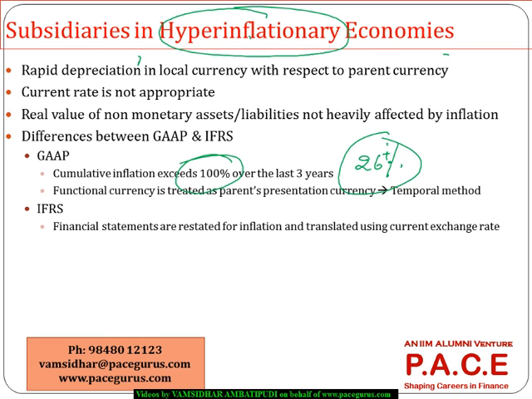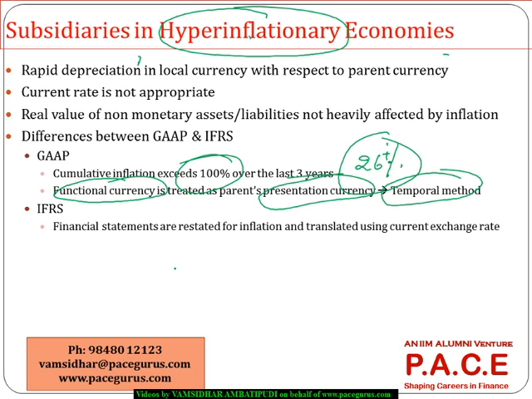Especially what US GAAP says is, whenever the economy is hyperinflationary, irrespective of the model the subsidiary is working in, you treat the functional currency as the parent's presentation currency itself and use the temporal method to translate all the elements of the balance sheet and the income statement.